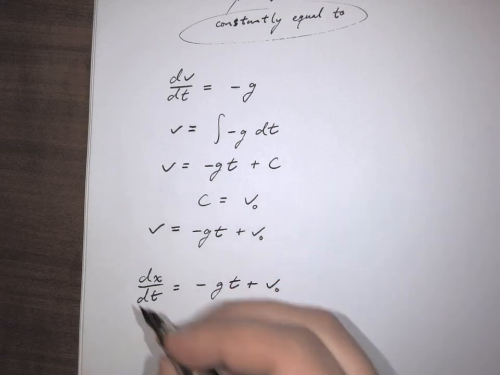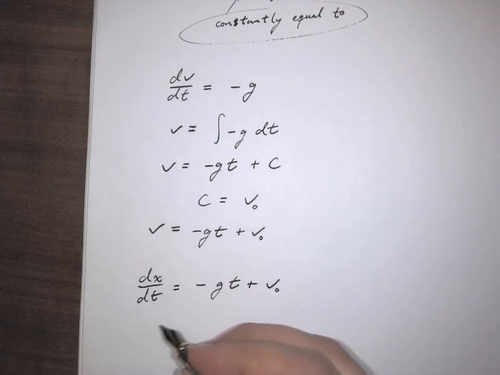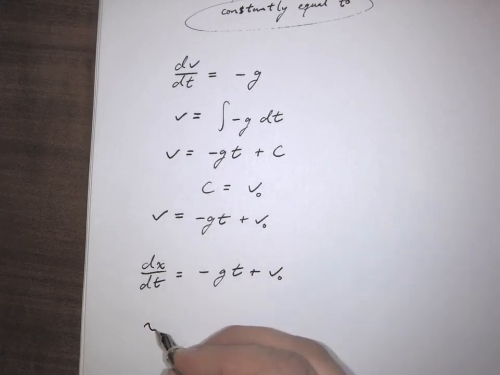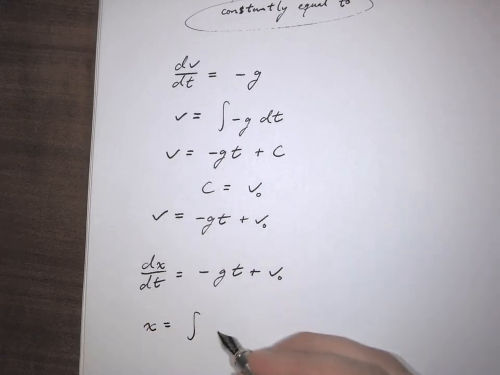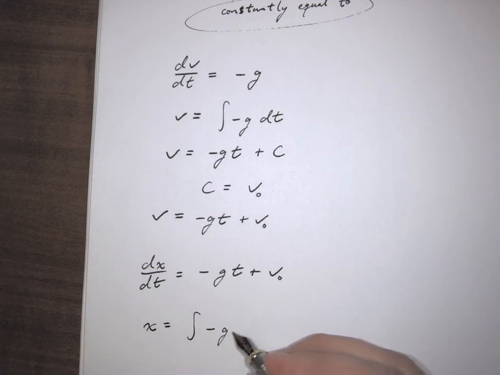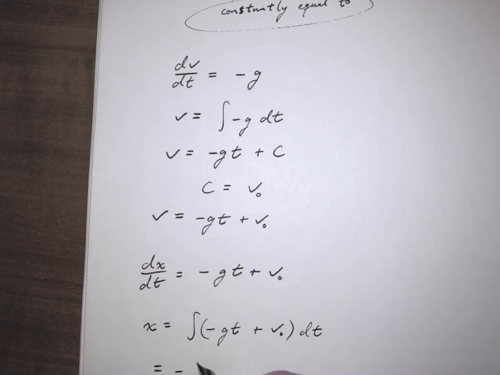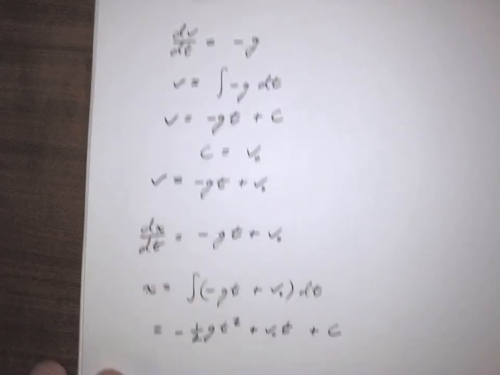And so now we can once again solve this differential equation by nothing more than a mere integration. So x is going to equal the integral of negative gt plus v0, all with respect to t, and that's going to give us negative 1/2 gt squared, and then plus v0 t, but then plus some constant.